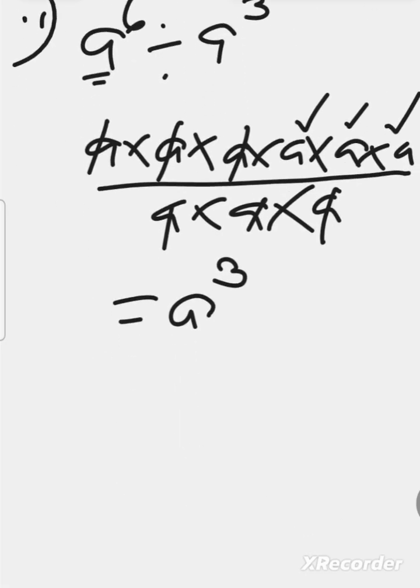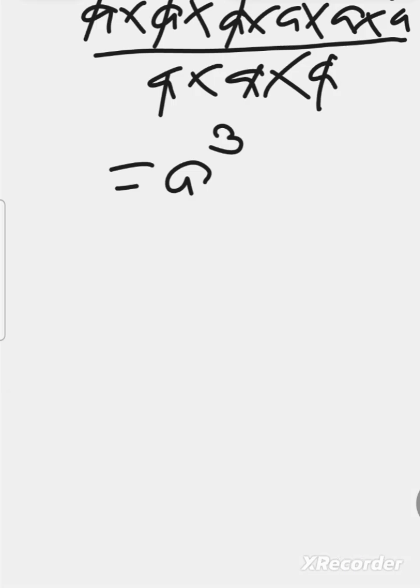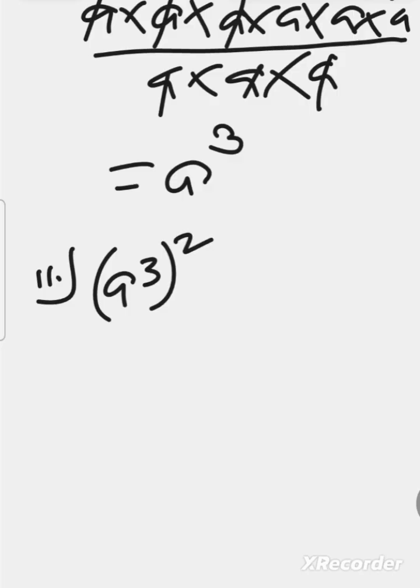Our third case, we have a power 3, but everything is squared. So you are given a power 3 squared. How do we solve this?